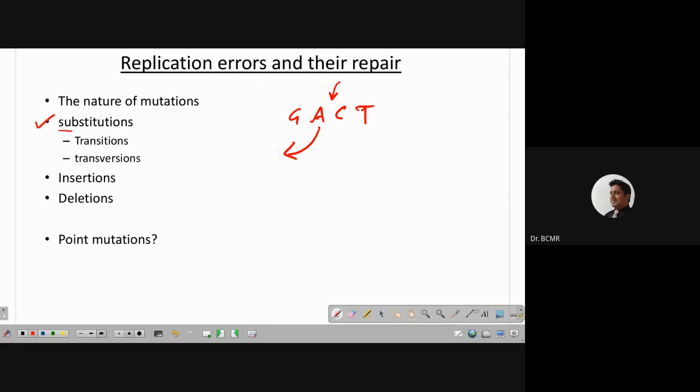That is, if I take out the A here and I put something else, for example G, then I removed A and put in G. I have substituted adenine with guanine, right? That is substitution.